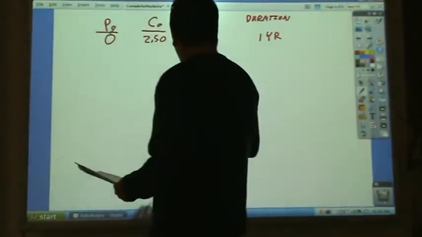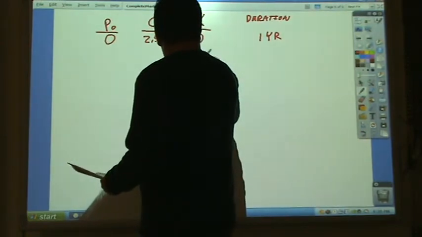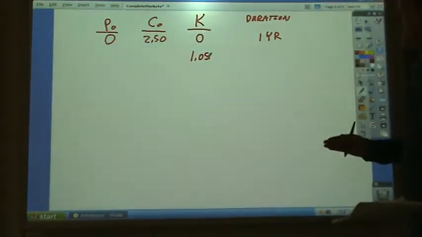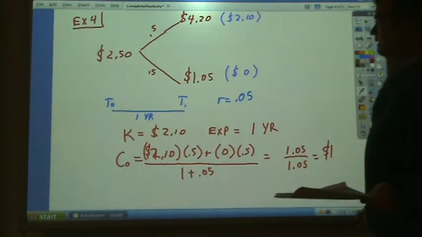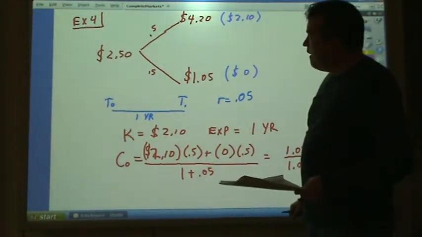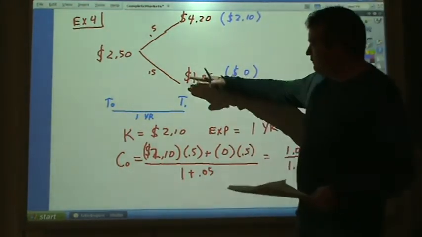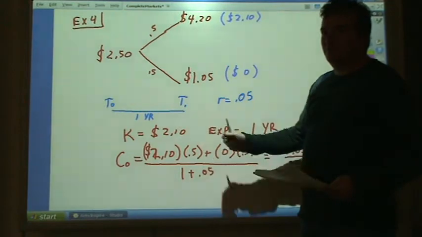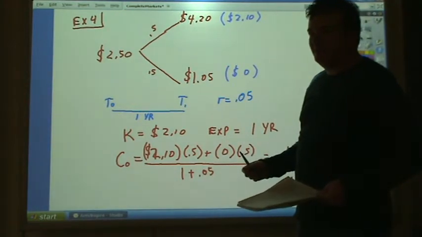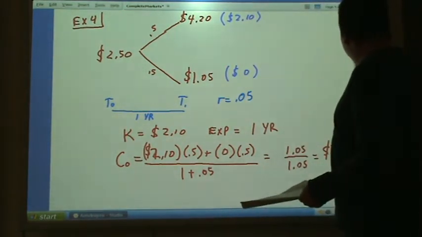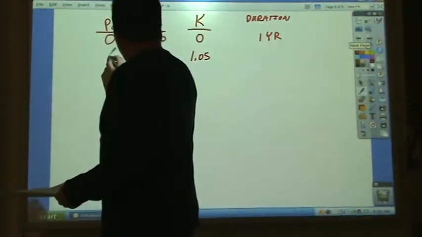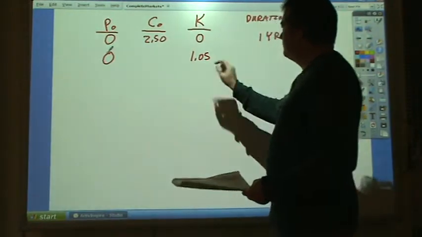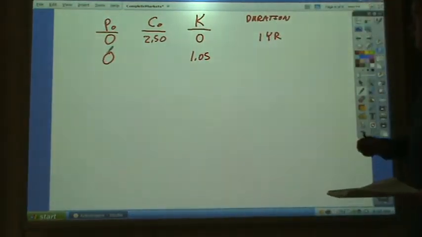And then if the strike price was $1.05, what would people pay? For a put, you get everything below 105. What would you pay for that opportunity? You pay 0 again. What would you pay for a call?